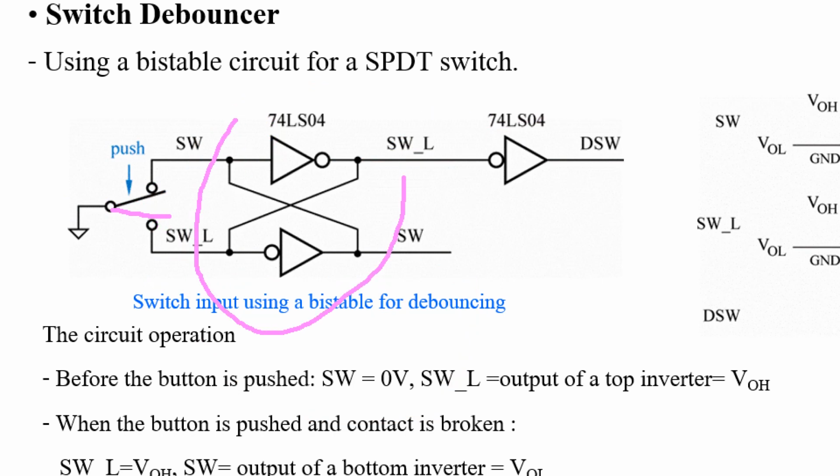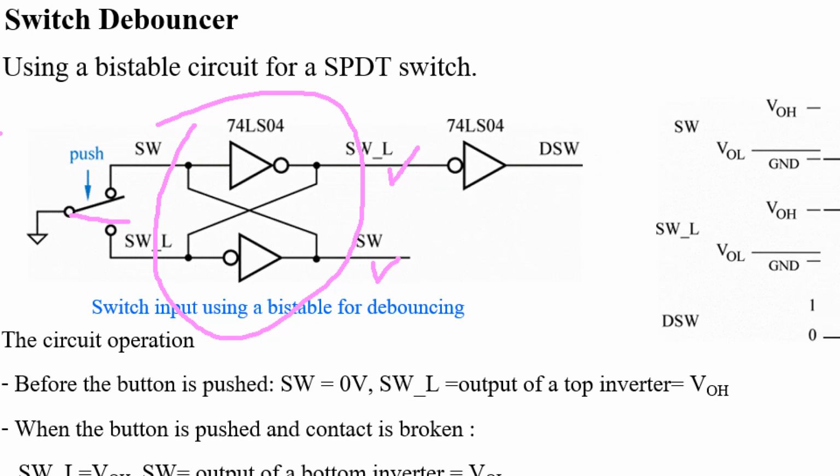Then the circuit now is bistable, so it can keep the status of this point and this point. Okay. So that means the previous one, when this contact is at this point, 0 at here, 5 at here, 5 at here, 0 at here.